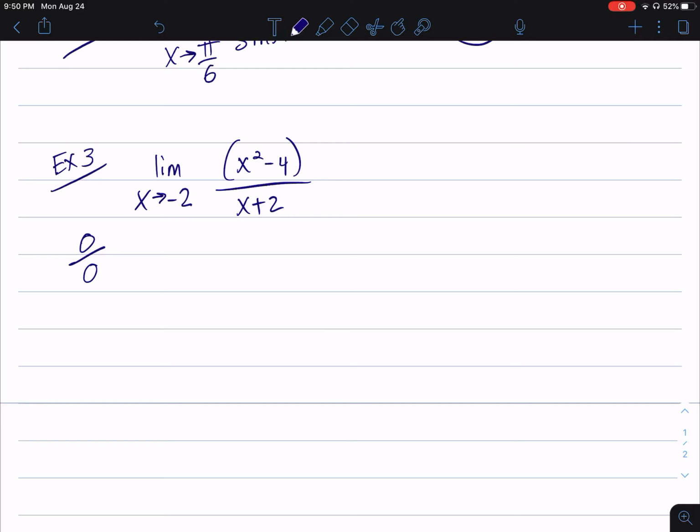So when we get 0 over 0, we have a couple of different methods that we can use to try to manipulate this, okay? So that is actually going to be rule number 2.